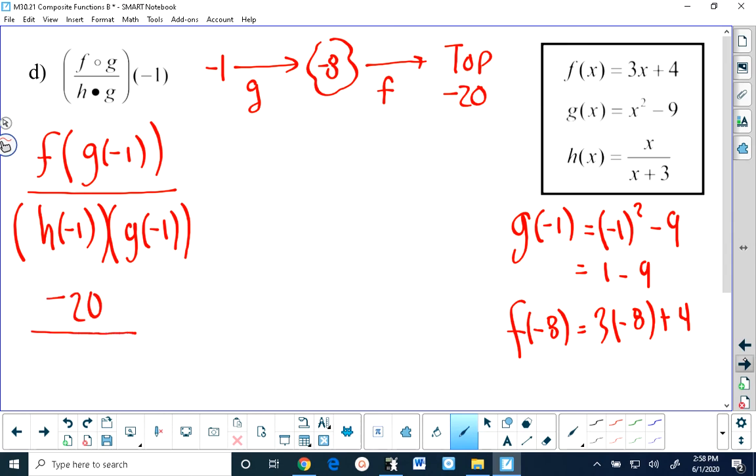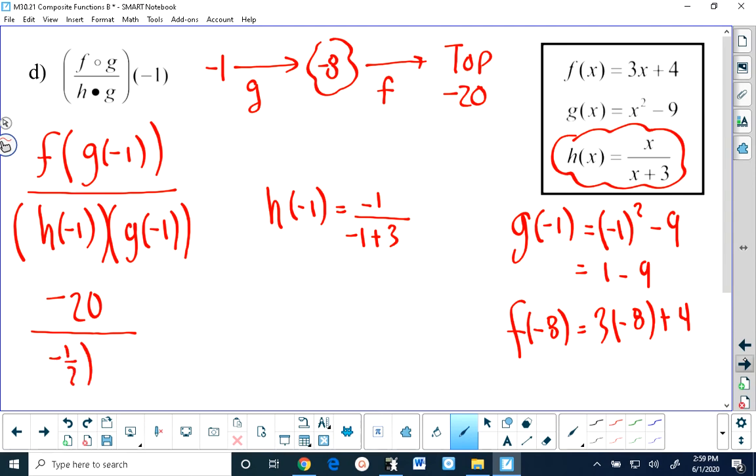The bottom of the expression, we need to figure out what h of -1 is. H of -1 will be -1 over -1 plus 3, which works out to -1/2. Then g of -1. We already figured out what g of -1 was.